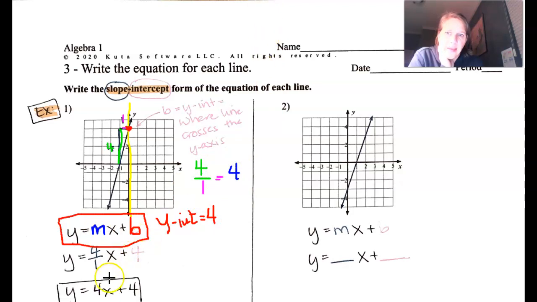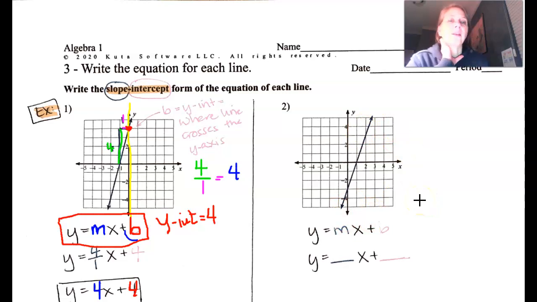This is our slope. And we also found our y-intercept, which is called the b. I'm not going to erase that because I know that I messed up last time, so I'm just going to leave it. We know that our y-intercept is also 4. It happens to be the same number, but they're there for different reasons. One is 4 because it's the rise over the run, and this is 4 because that is where the line crosses the y-axis at 1, 2, 3, 4. Hopefully that makes sense.